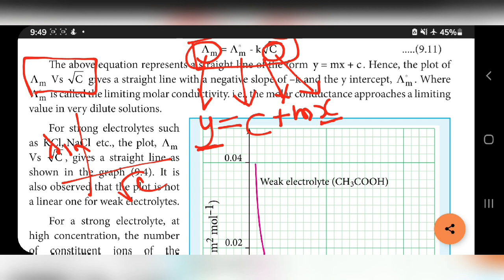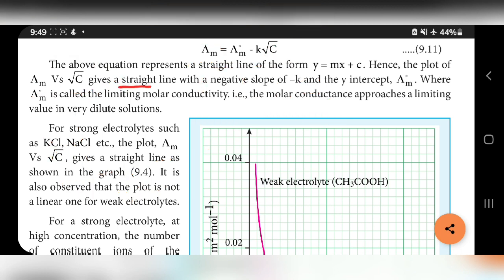If you plot the graph between Λm and root C, it gives a straight line with negative slope. So y is equal to mx plus c, where m is equal to minus K, the negative slope.